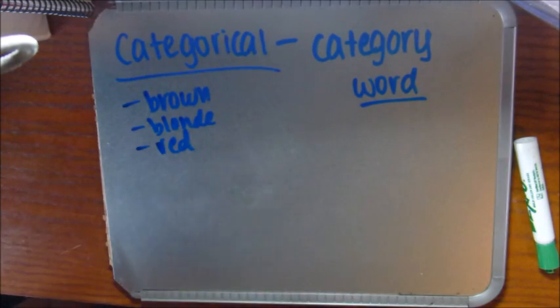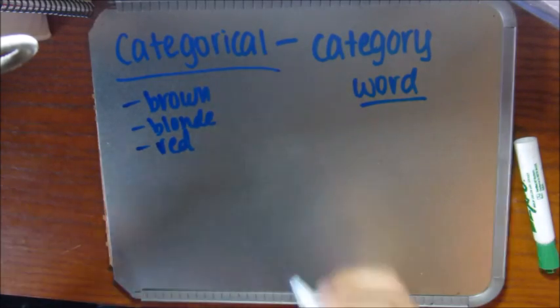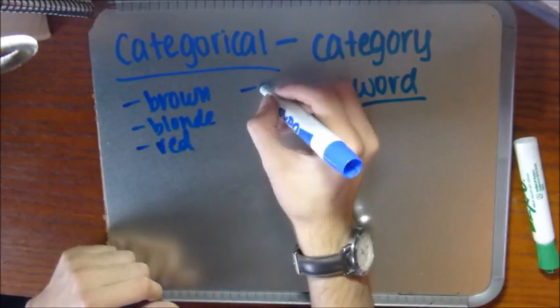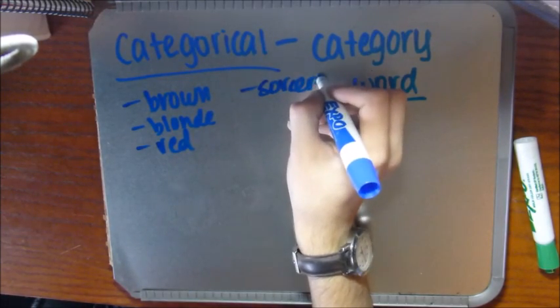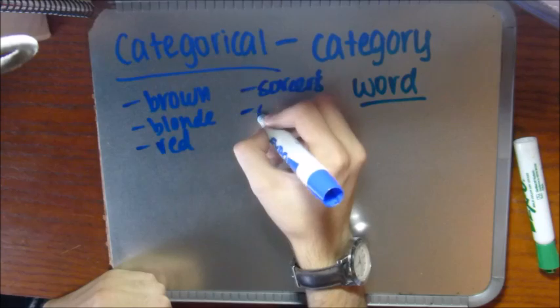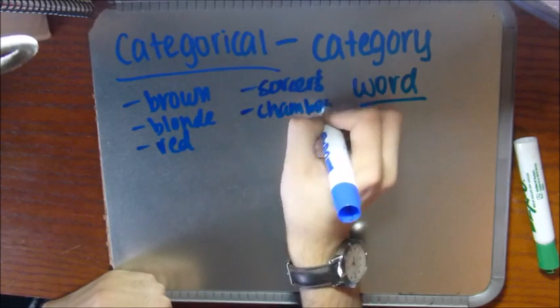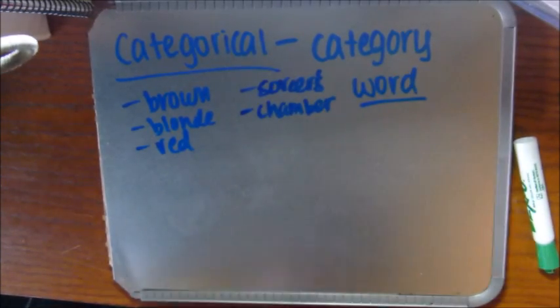Or taking a poll on who liked which book most in the Harry Potter series. You could say, this many liked Sorcerer's Stone, this many liked Chamber of Secrets. It's those kinds of responses, word-based responses.